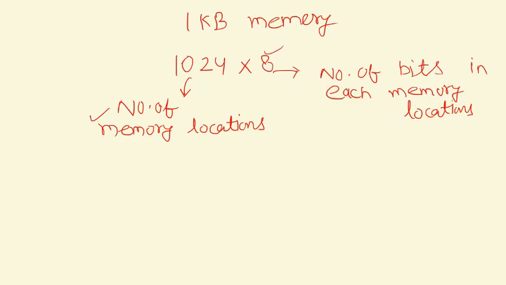Similarly, suppose we have an 8 cross 4 memory. What do you mean by this? Suppose this is an 8 cross 4 memory. This 8 is denoting the number of memory locations.